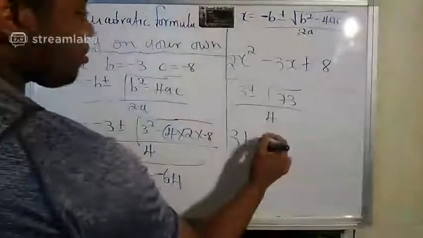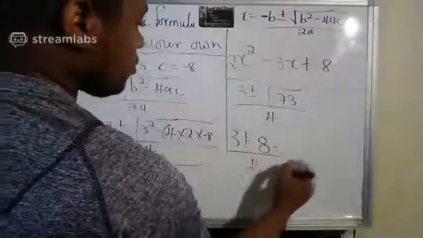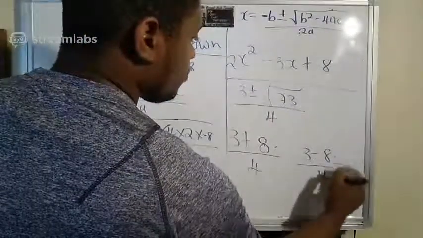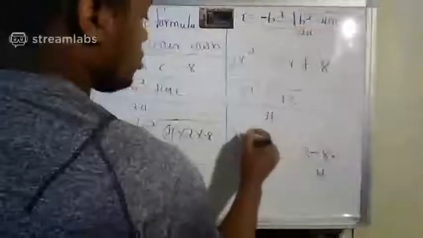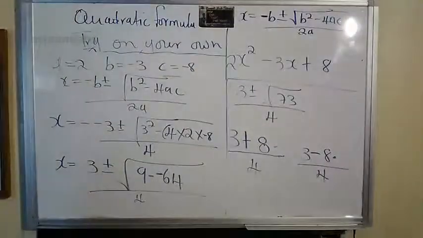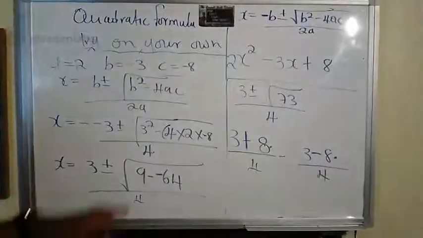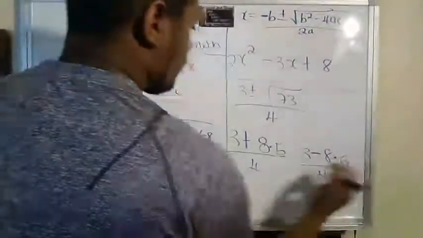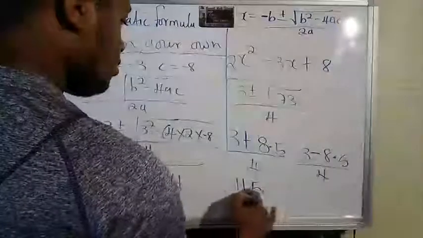So 8 point something divided by 4, and 3 minus 8 point something divided by 4. It's the square root of 73. When you add this, I get 8.5, and then we work out that, so that's 11.5 divided by 4.